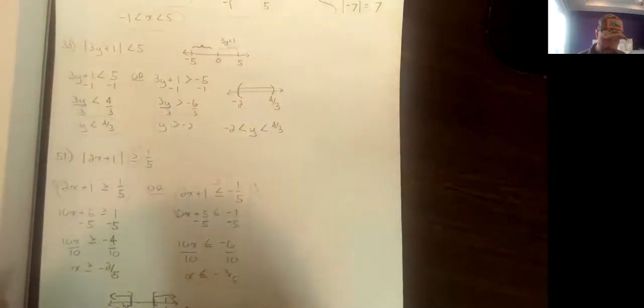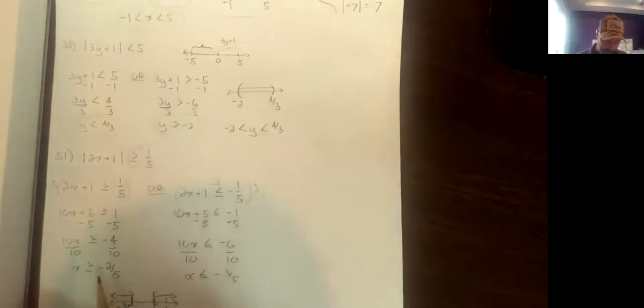So we're going up that way. That's probably what they did with number 49, and I only have you doing 3 of those. What they're saying is, hey, it can be split. Up here it was between, here it's split. Greater than or equal to negative 2/5 going up this way, less than or equal to negative 3/5 going that way. Okay, so that I think was the only one that I wanted to do.